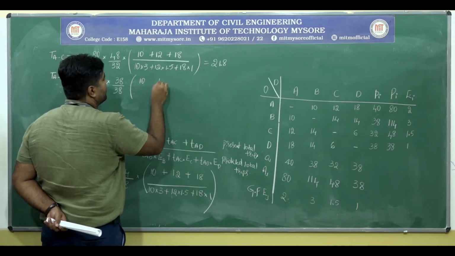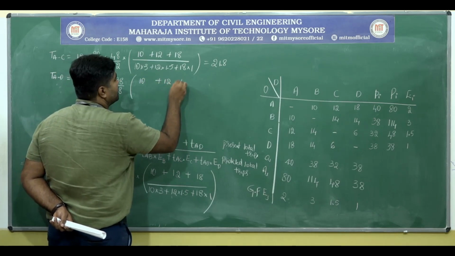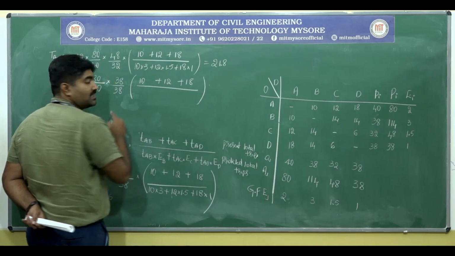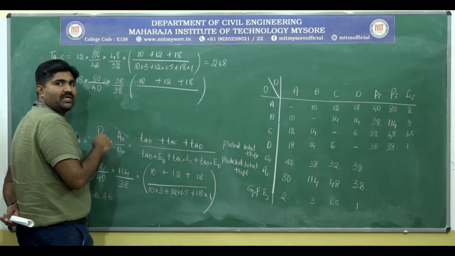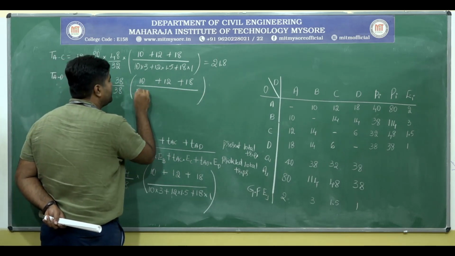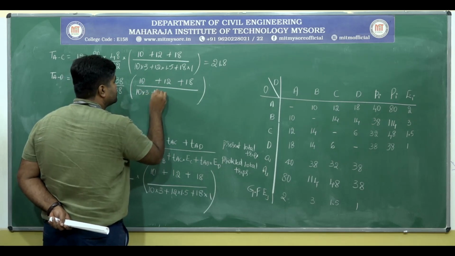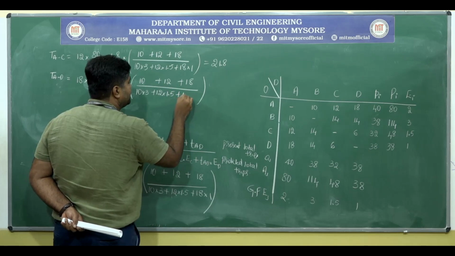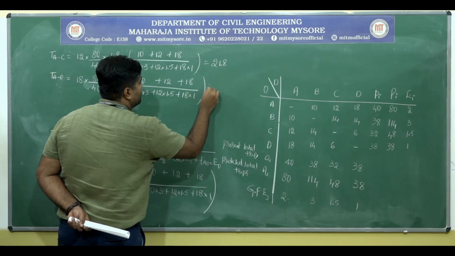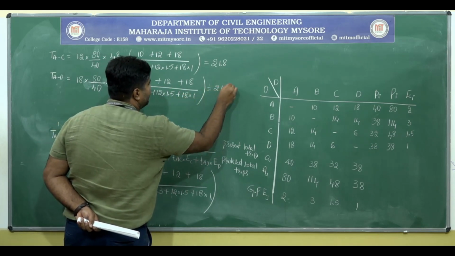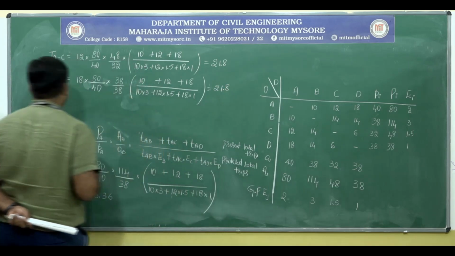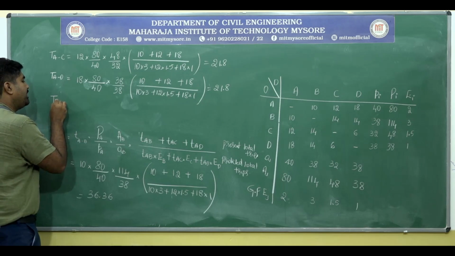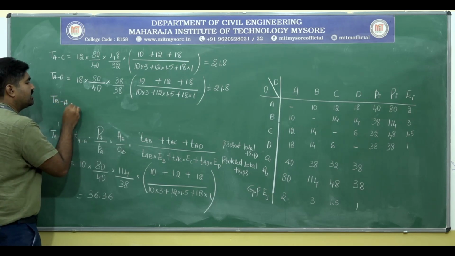These are the total number of trips that remain the same for the first set of values, the trips generated from A: 10 into 3 plus 12 into 1.5 plus 18 into 1. You get 21.8.